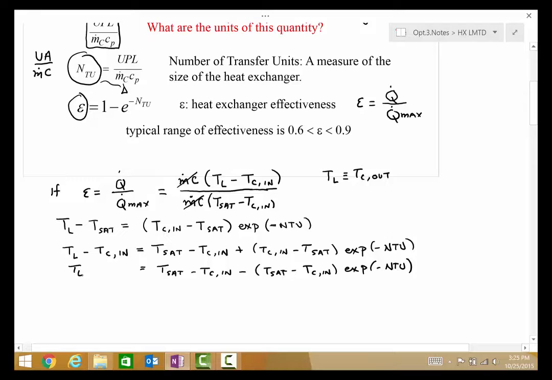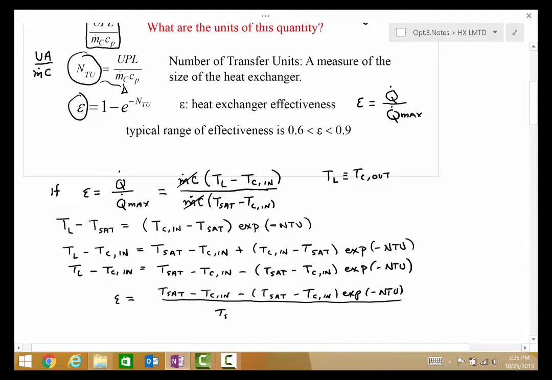What this says, and let's make sure this is clear, is that epsilon is simply equal to, so let's substitute it to make sure it's absolutely clear, we cancel all these factors out, and we see it's equal to 1 minus e to the minus NTU. Now, this is not generally true.